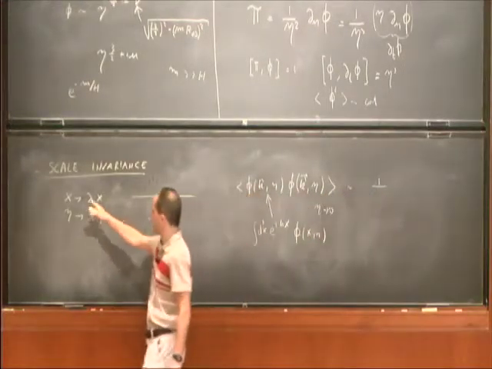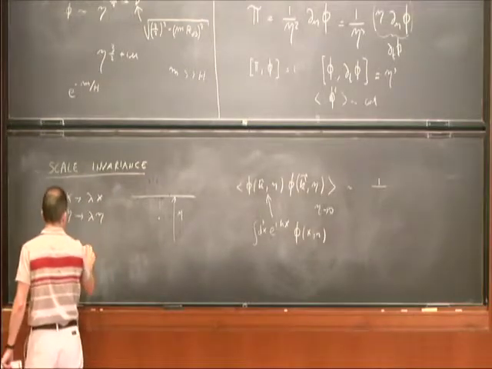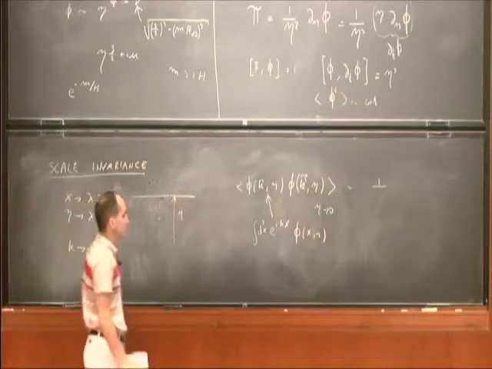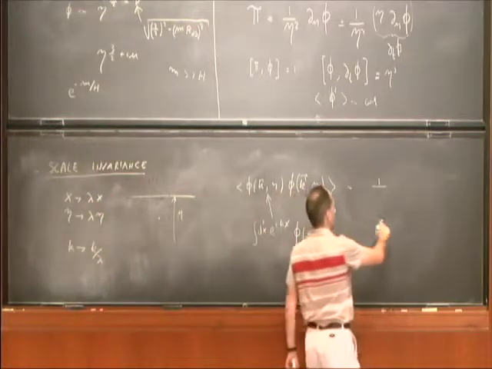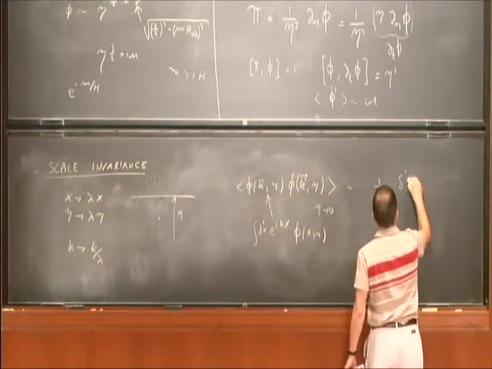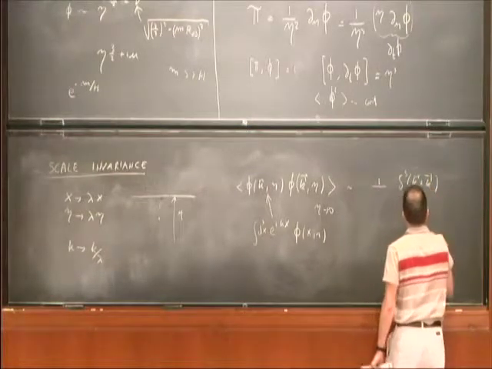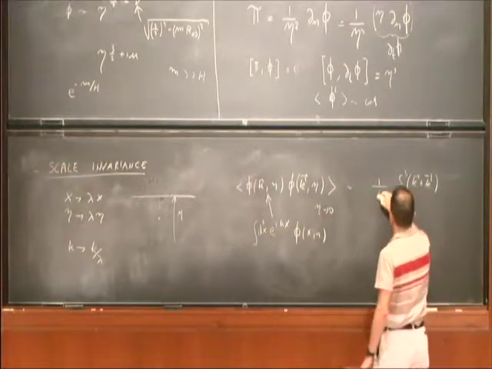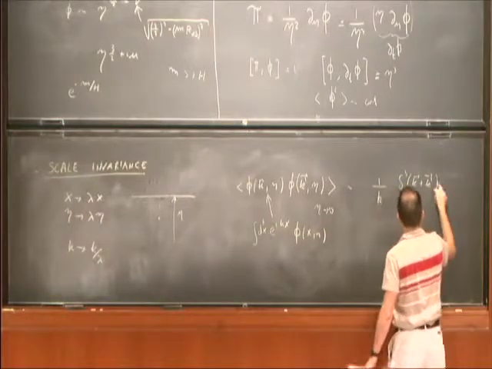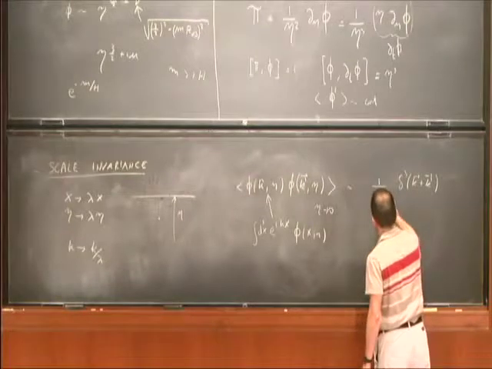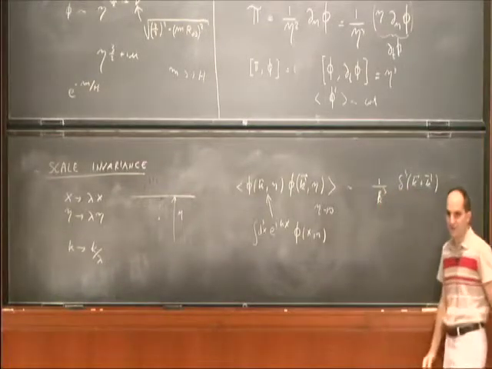If x transforms in this way, k goes like k over lambda. Okay, so we'd better get a lambda cubed here. Now we have a momentum conservation delta function of this kind, and so this produces 3 powers of lambda, and we need 3 more, and that was the k cubed that we had calculated yesterday.